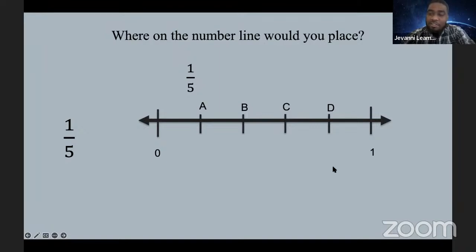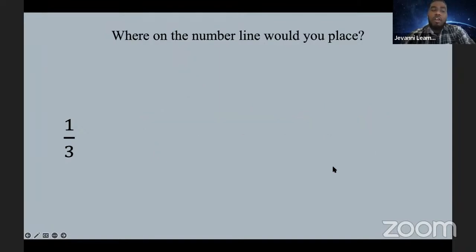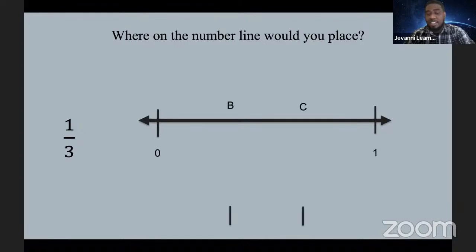All right, fair enough. The last one for the number line right now. So we have 1/3. Now, how many equal parts or equal intervals would I have on this number line? Well, I just gave it away. How many equal parts would I have? 3. All right, 3. I heard them.